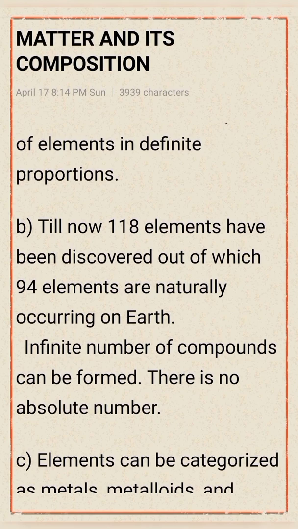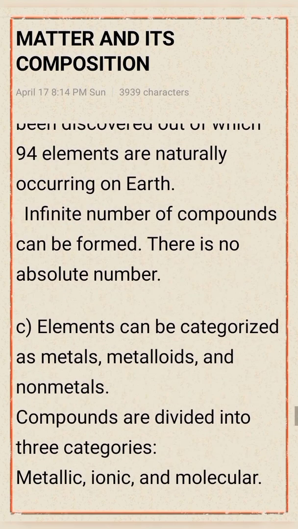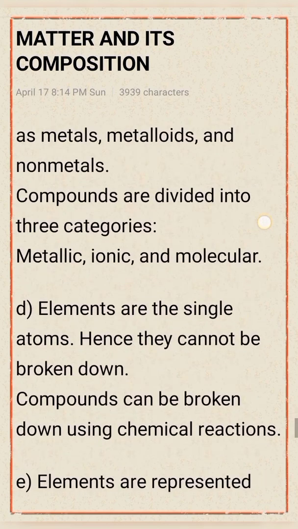There is no absolute number. Next part, that is C. Elements can be categorized as metals, metalloids and non-metals, but compounds are divided into three categories: metallic, ionic and molecular.